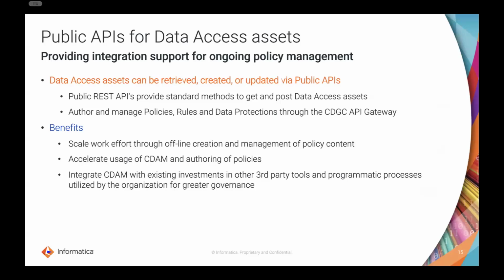That's through the CDGC API gateway, and really provides a standard mechanism to scale your work for offline creation and management of policy content, and allows you to integrate that with your own third-party tools and business processes. Maybe that's calling out to another process to actually do the control of publishing the particular assets, but gives you greater control over that overall governance experience.